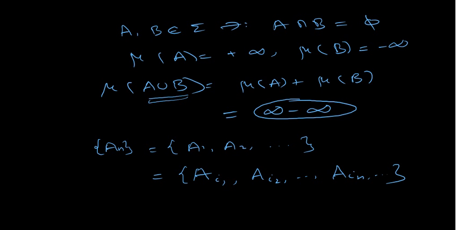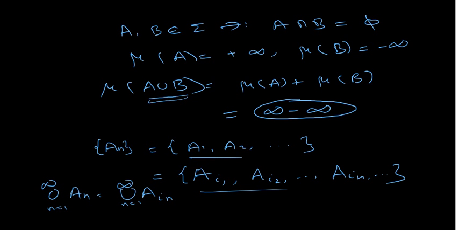So i1 may be equal to 2, i2 may be equal to 5, i3 may be equal to 1. I'm permuting these sets, so it's the same collection. Then you can see this union of A n is the same as the union of A i n, where n runs from 1 to infinity. Both the unions are the same.